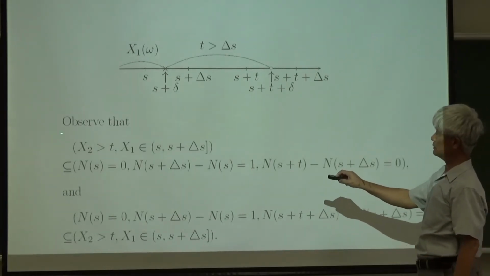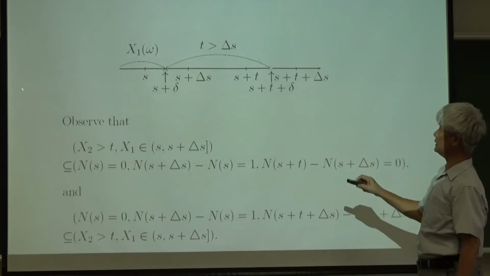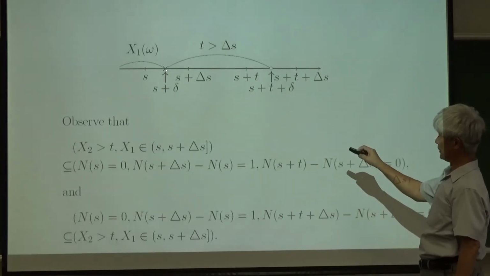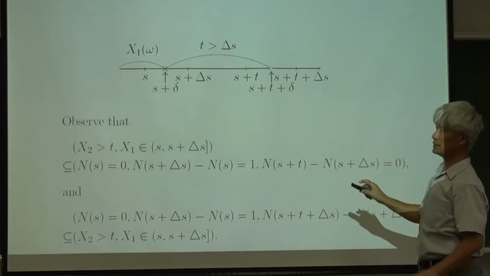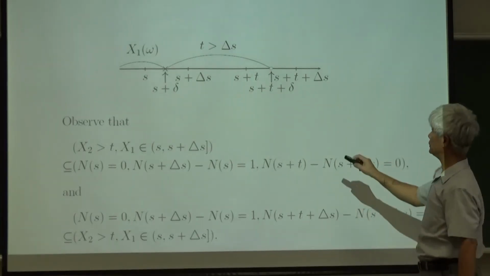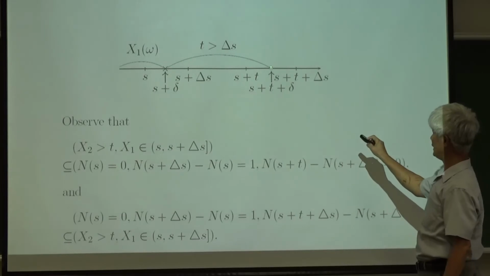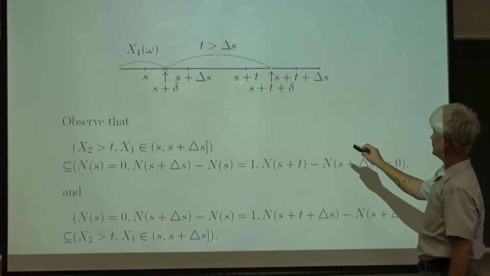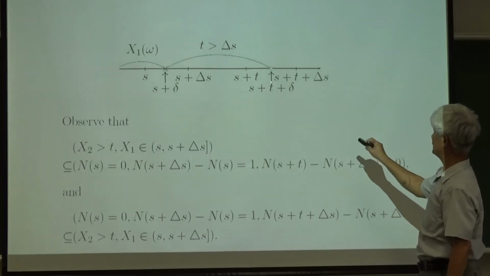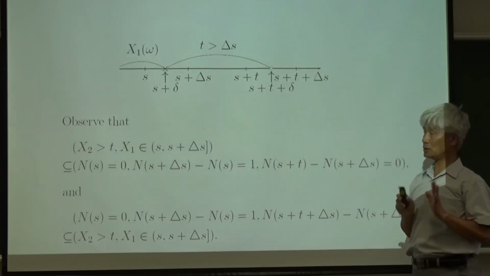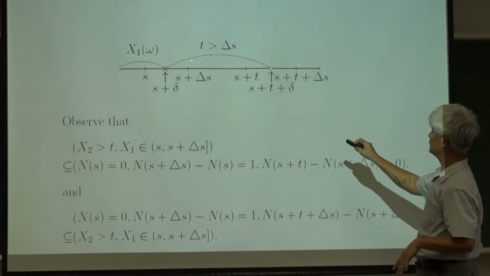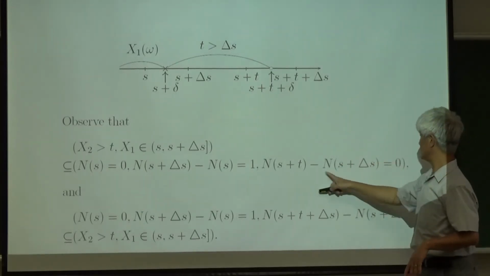Because the second arrival time is greater than T. So this is the first arrival time, so you have to wait at least T time to get the second arrival. So you are now at the time S plus delta plus T. At this moment, there is still no second arrival. So that means that in this interval there is no arrival here.